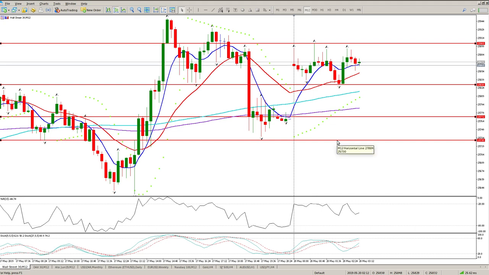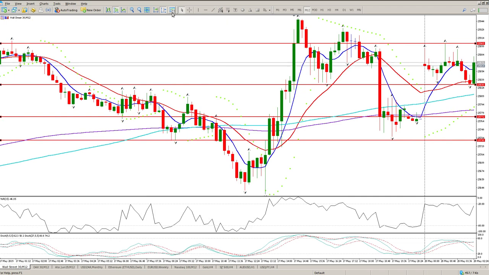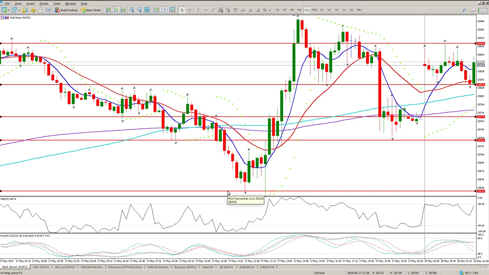Okay, so the levels on the downside would be 25,772 and 25,730, and the stop level is obviously going to be below this area here, actually lower than that.